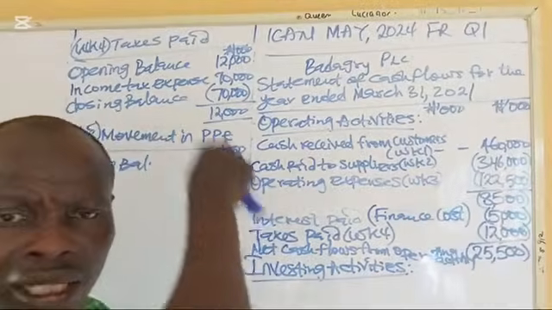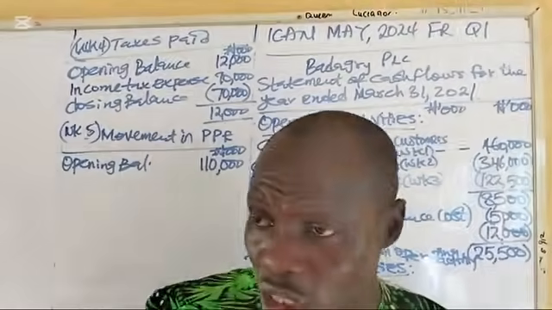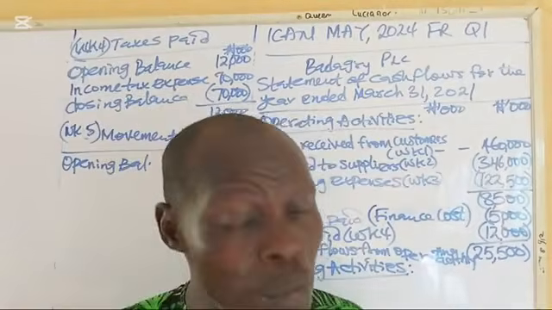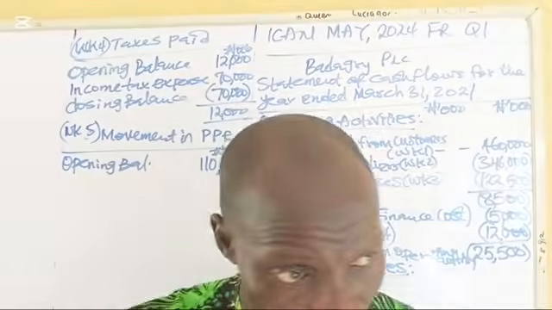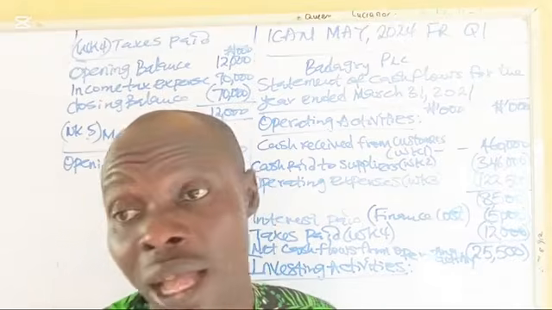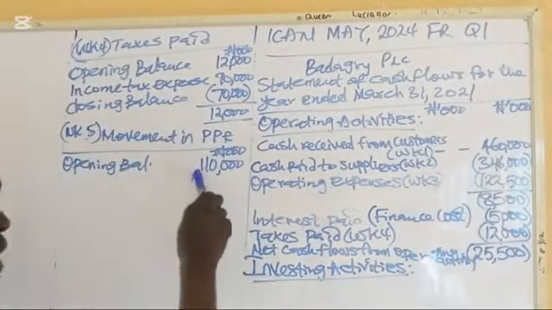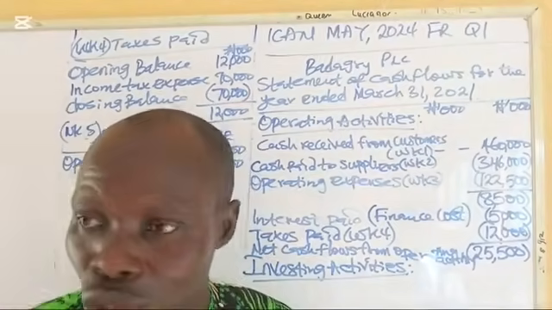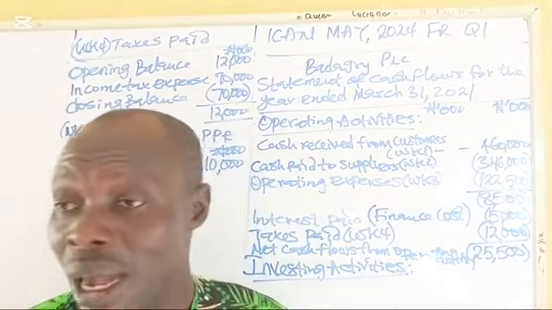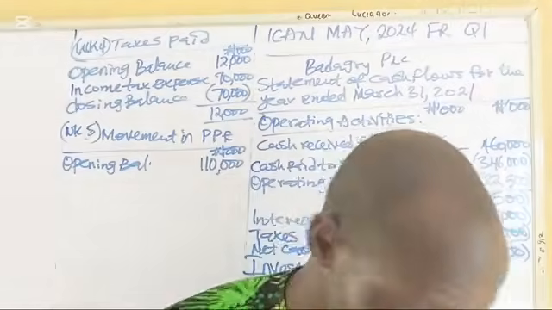Now we have disposal. Since this is at the carrying amount, the disposal too must be at the carrying amount. But if this were at cost, then the disposal too should be at cost. Remember, you have a carrying amount after depreciation has been deducted from the cost.